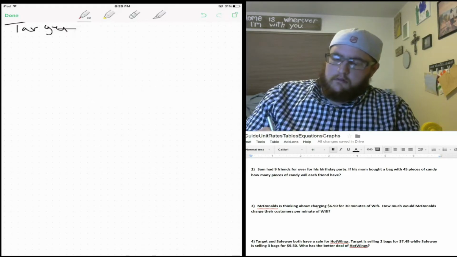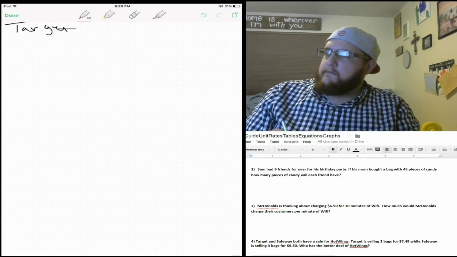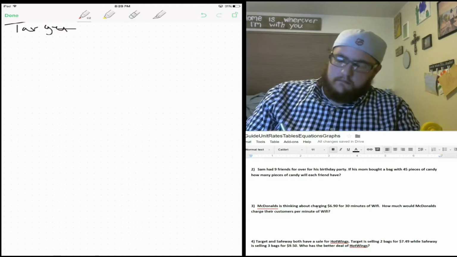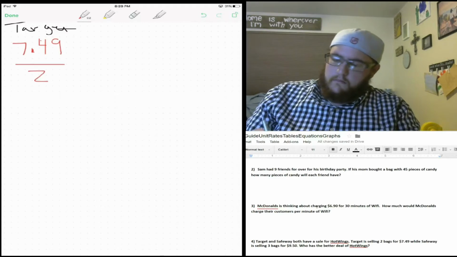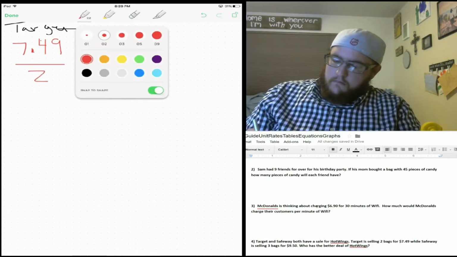Sorry, my handwriting's sloppy, but that says Target. And I'll do Target's math in red. So Target's charging $7.49 per 2 bags.